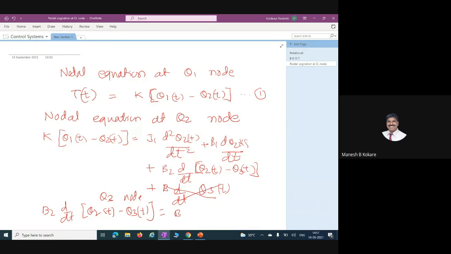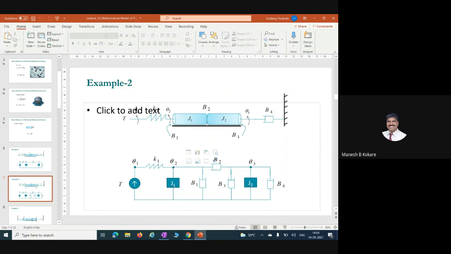is equal to B3 into d theta 3 of t by dt plus the connected elements J2 and B4.